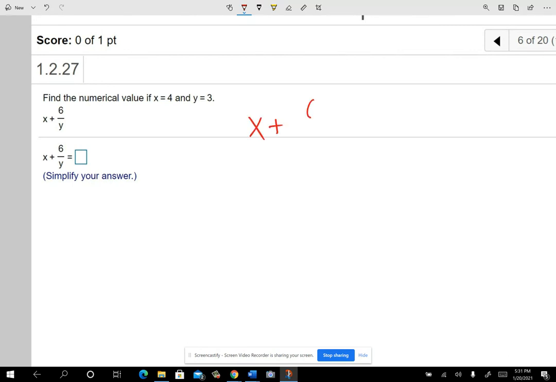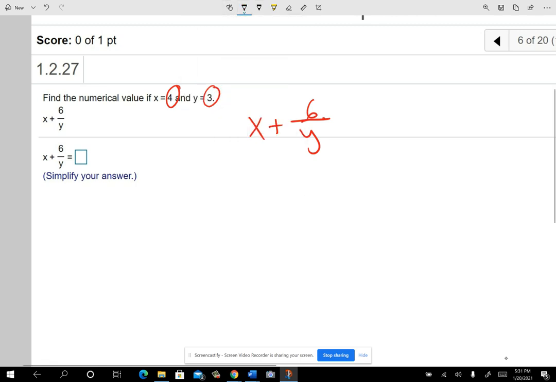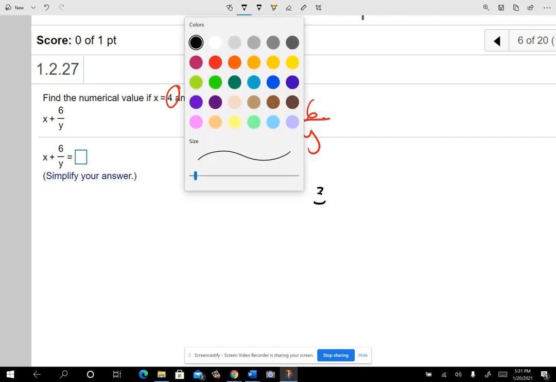It's x plus 6 over y, so it's an evaluating one. We're told to put a 4 where the x is and a 3 where the y is.